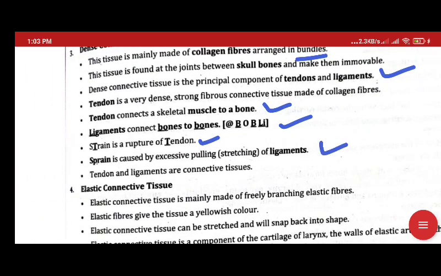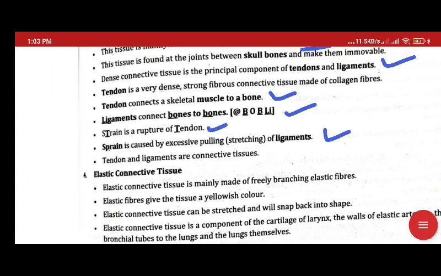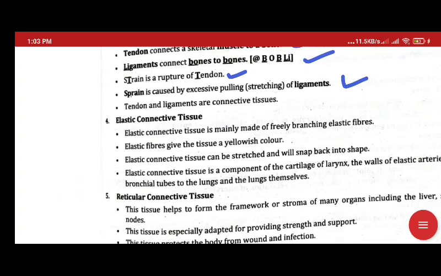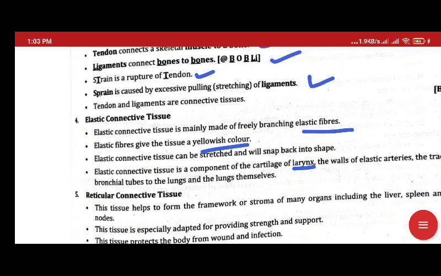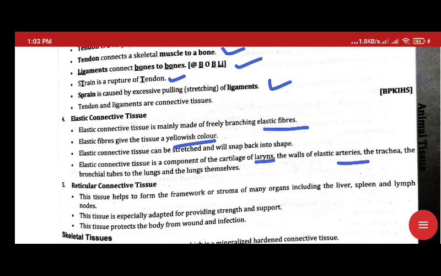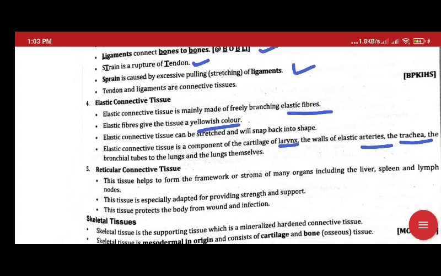Ligament strain is common. In elastic connective tissue we have elastic fibers, which get a yellow color due to elastin protein. Examples are in the larynx, arteries, and also in the trachea.